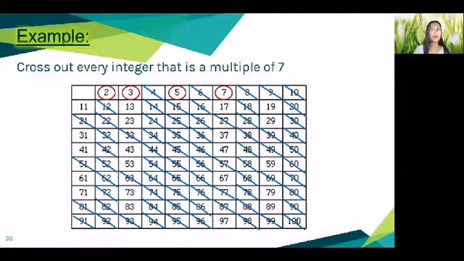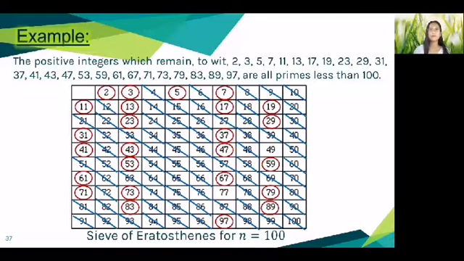Then to find the primes when n is equal to 100, encircle all the prime numbers left and not crossed out. The encircled numbers are the primes.